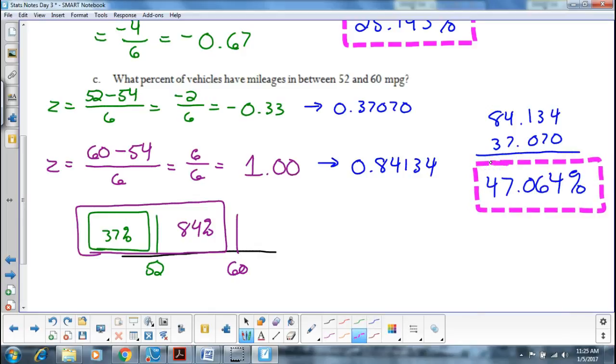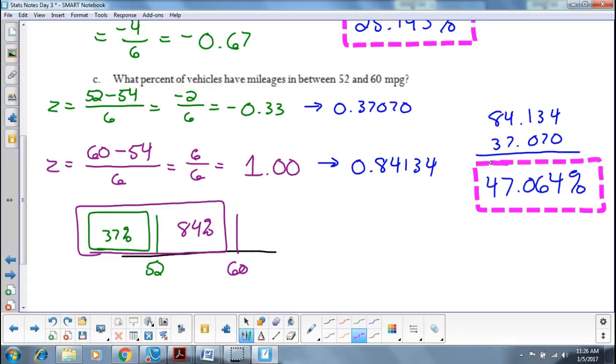So 47% of the hybrid vehicles have estimated gas mileages between 52 and 60 miles per gallon. Okay? With me?